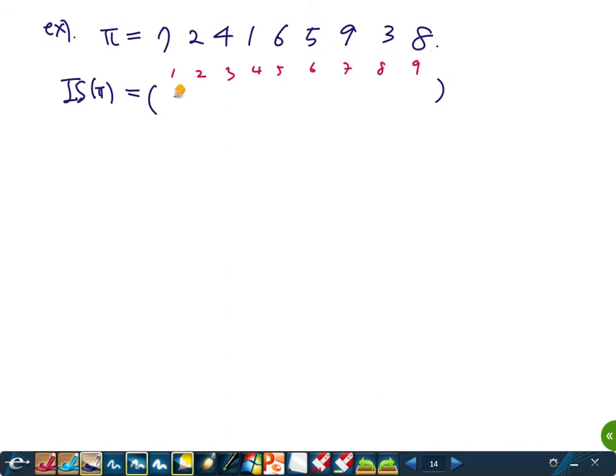So A1. How many integers which are bigger than 1 and which are also to the left of 1? There's nothing. Actually, this is always 0. How many integers are there to the left of 2 greater than 2?